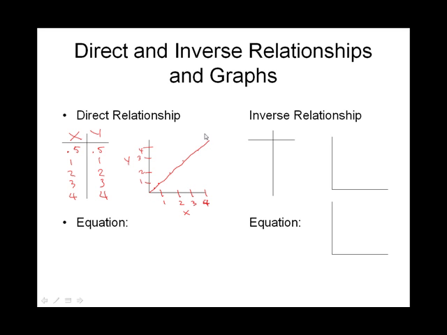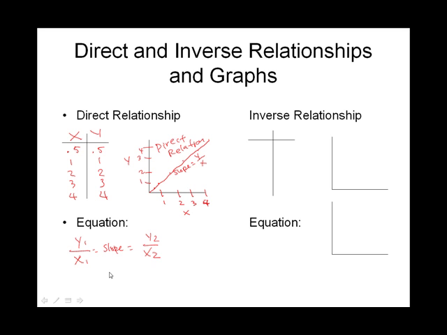So if I see a line like this or a slope like this, I know this is a direct relationship. Now if I were to put this into equation form, I know that my slope equals y over x, so y1 over x1 equals the slope, which also equals y2 over x2.